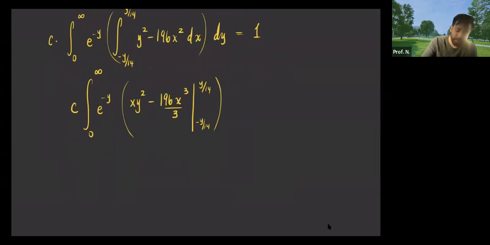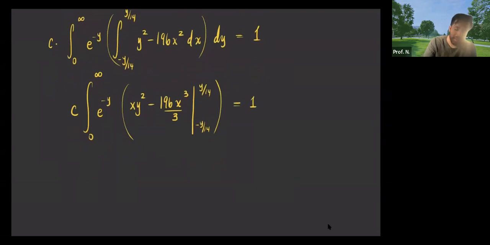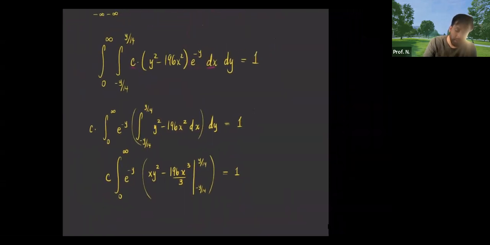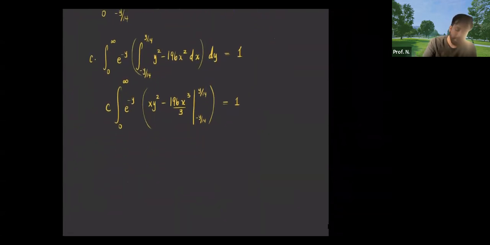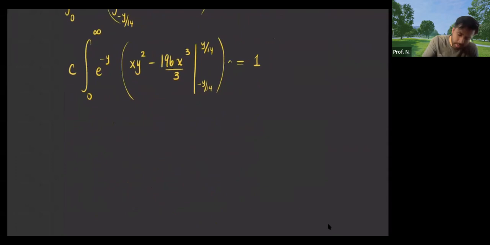This equals 1. Okay, so far so good. Now we have to plug in, and there's a dy here. So when we plug in, I'm going to do this step by step, so I don't make mistakes, which is very easy to do here.